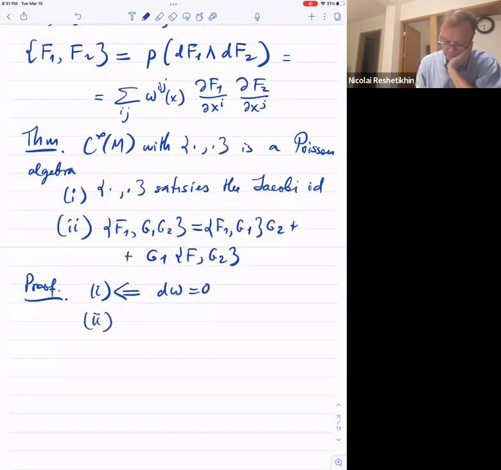And the second property is obvious, because in each of the functions f1 and f2, the bracket has only first derivatives. So this is simply the Leibniz rule for the derivatives.